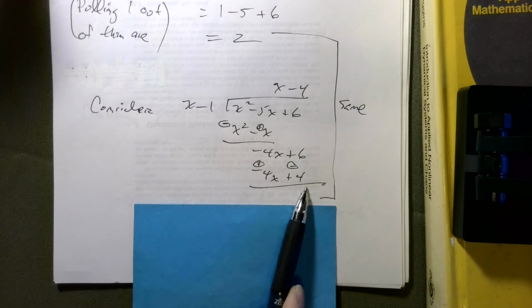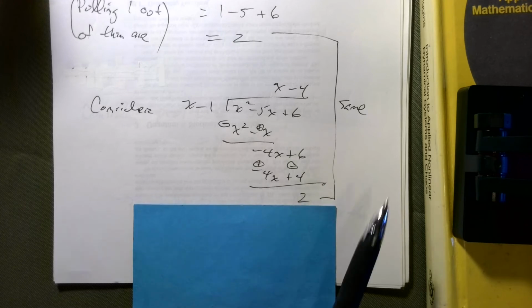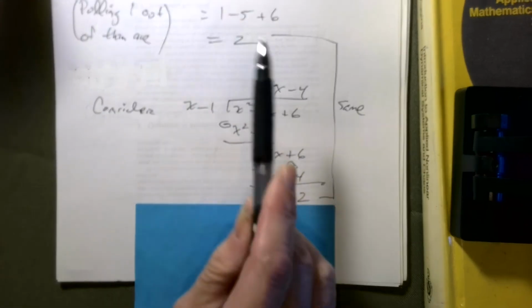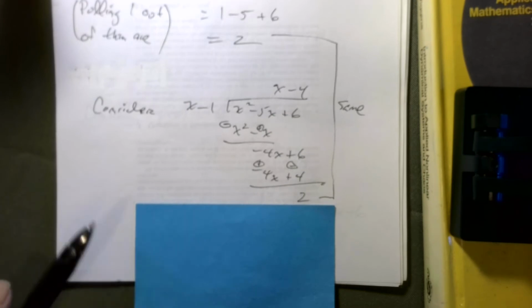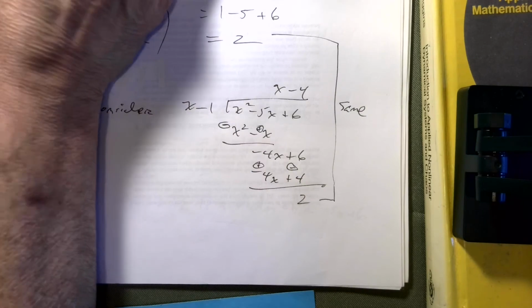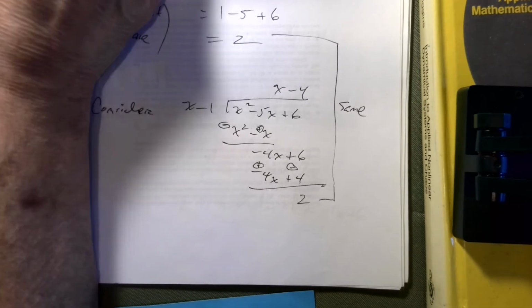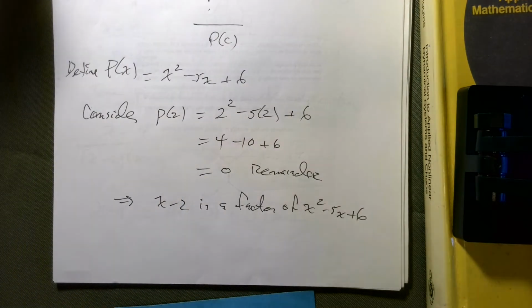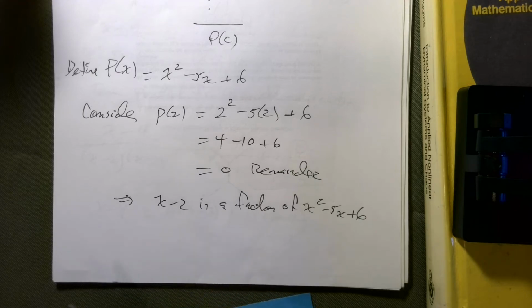And I want you to notice that the remainder is what we get when we evaluate the polynomial at a number. So the point of this is if I can find a number that makes p of that number become 0, I found a factor.